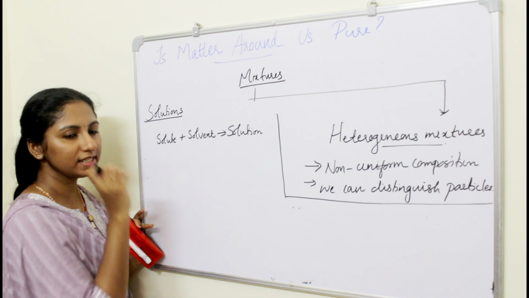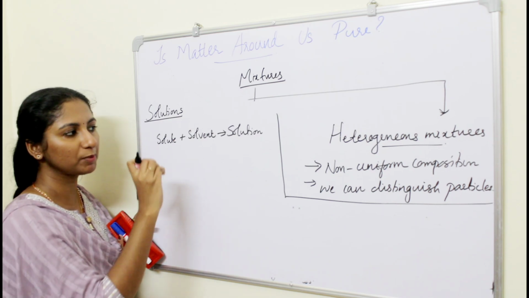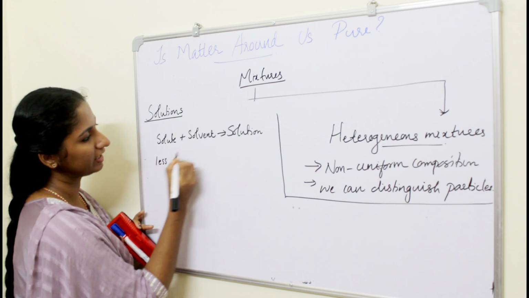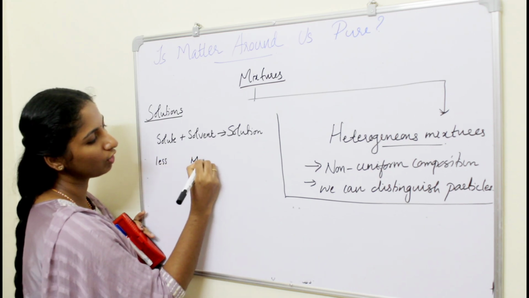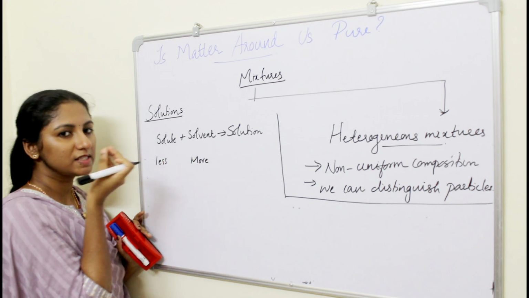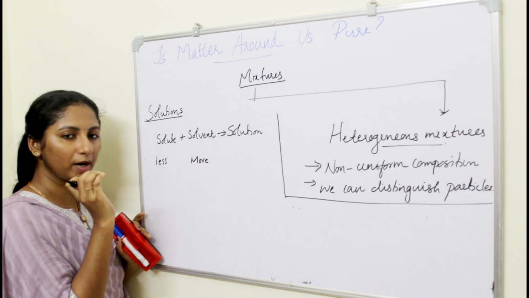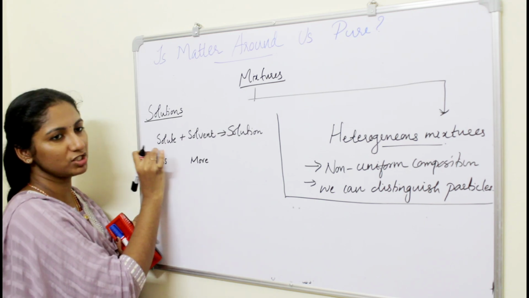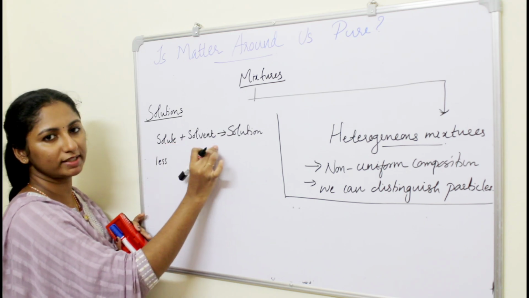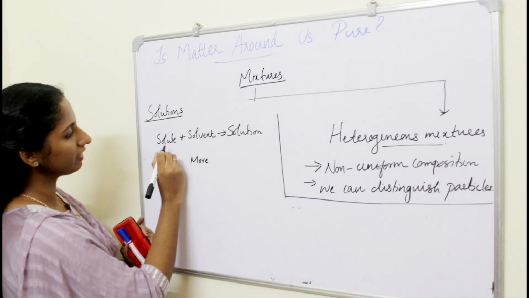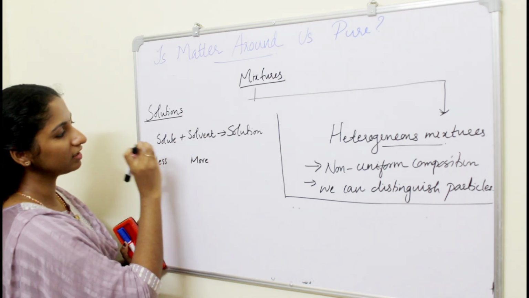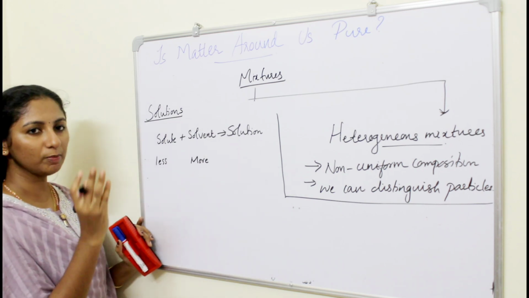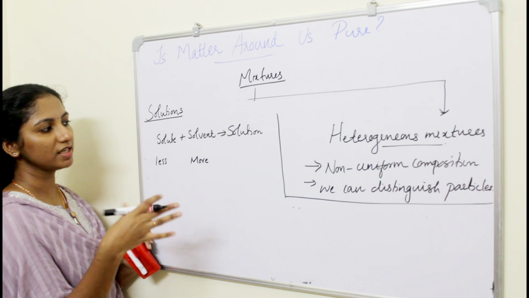The less amount of substance added for the preparation of the solution is called the solute, and the larger amount is the solvent. So when we add solute particles to solvent particles, we get a solution.